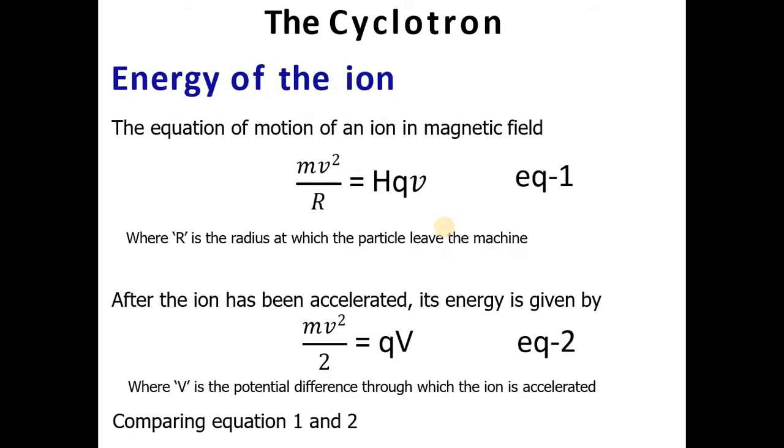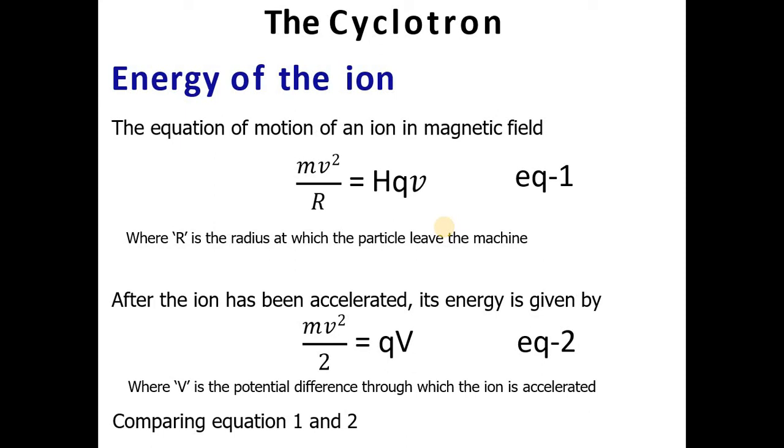Energy of the ion. The equation of motion of an ion in a magnetic field is given by the equation, where r is the radius at which the particle leaves the machine. After the ion has been accelerated, its energy is given by mv square by 2 equals qV, where V is the potential difference through which the ion is accelerated.